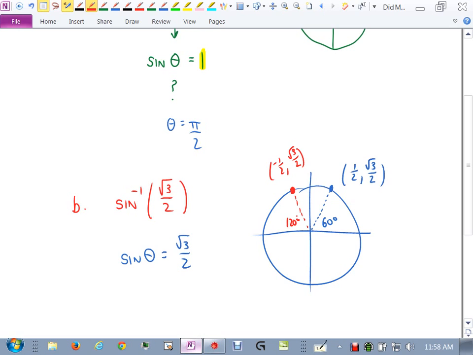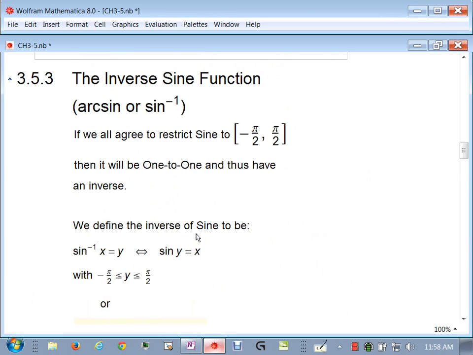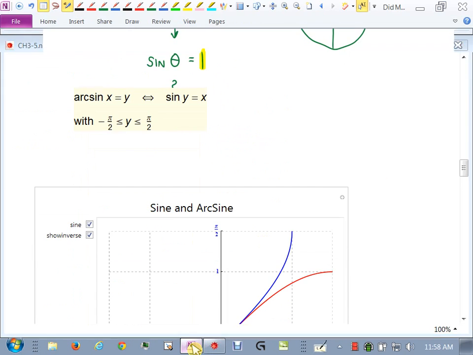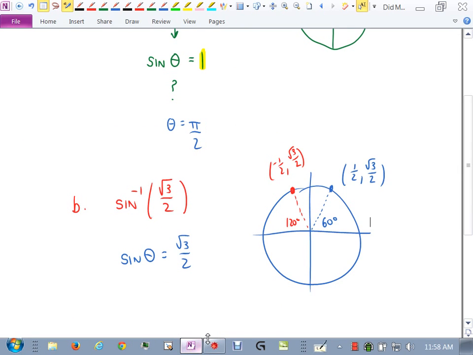Yeah, now this is where that whole domain restriction comes in. What is the domain restriction for the arc sine? The angles that you're looking at have to be between where? We agreed earlier that we would restrict things between negative pi over 2 and pi over 2. Where is that on my picture? Pi over 2 is here, 0, and pi over 2 comes up here. Negative pi over 2 starts here and goes backwards and down like this.